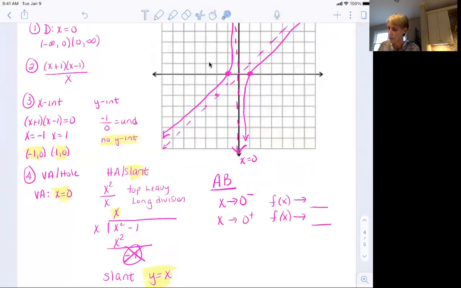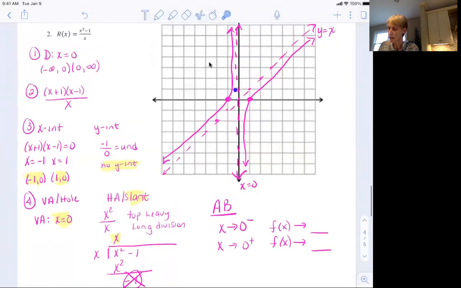If I go just to the left of 0, as I get closer to 0, my y values are going to infinity. On the other side of 0, as I plug in x values that are close to 0, my y values are going to negative infinity.